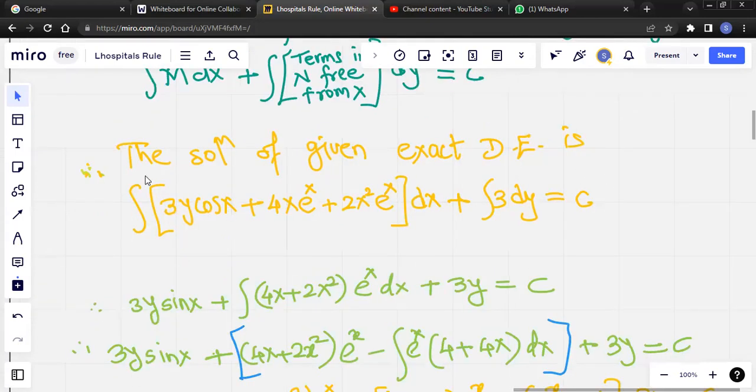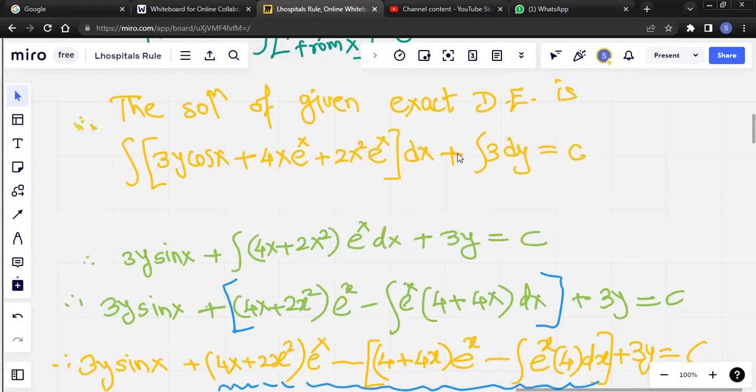So what we have done, integration of M we have copied, M dx plus terms in N free from x. Only this term is free from x. Now let us try to simplify this. We are integrating with respect to x, which means y is treated as a constant here. So 3y as it is. Integration of cos x becomes sin x. Now in this case you observe there is a product, so we have to go by parts.